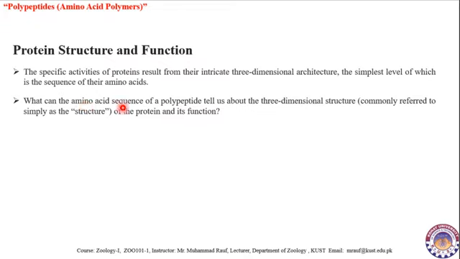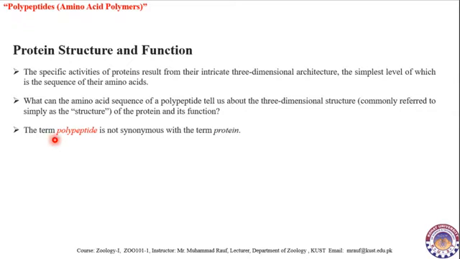What can the amino acid sequence of a polypeptide tell us about the three-dimensional structure, commonly referred to simply as the structure of the protein and its function? The term polypeptide is not synonymous with the term protein.